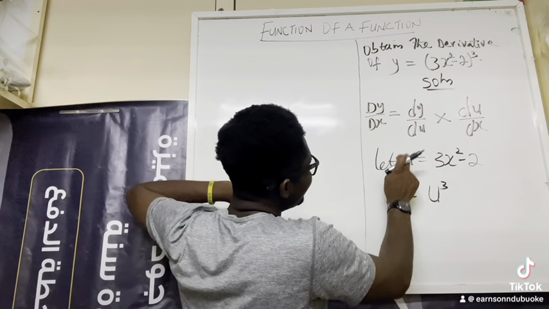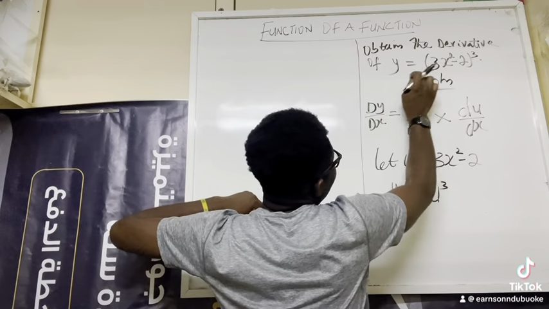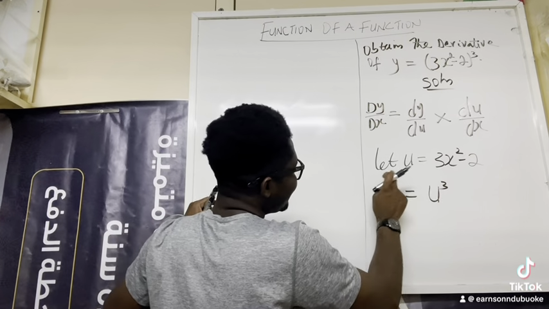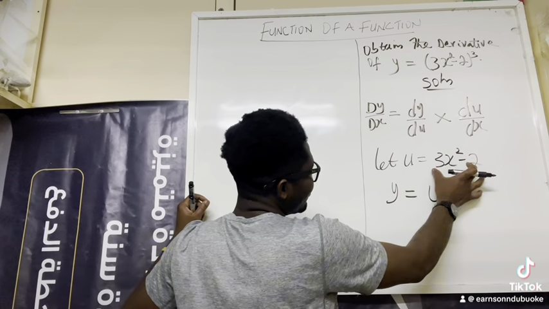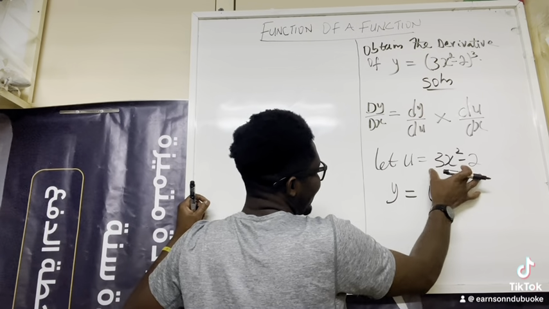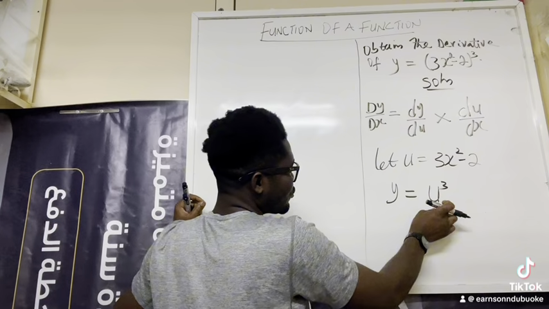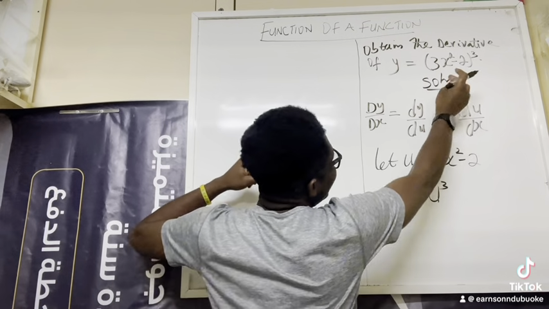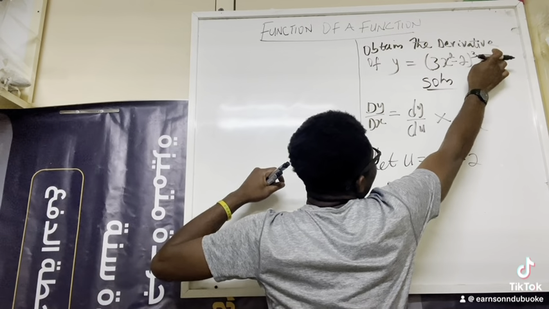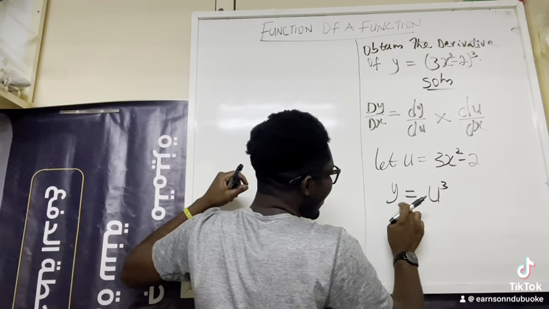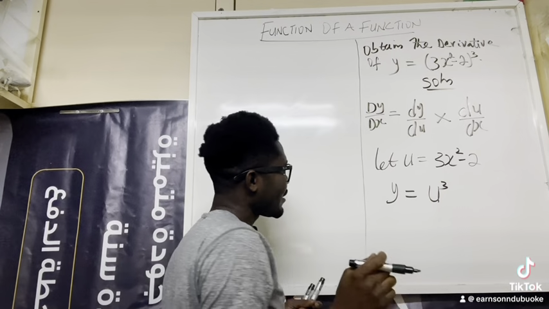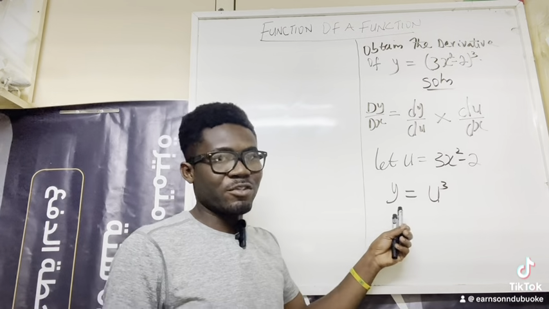You said let u equal everything inside this bracket. Remember that y is equal to all this, and you now said let u equal this, because y is a function of u. So since u is everything inside this bracket, it remains with the power, so y will be equal to u, which is all this, raised to the power of 3. Now this is the first approach you need to do.